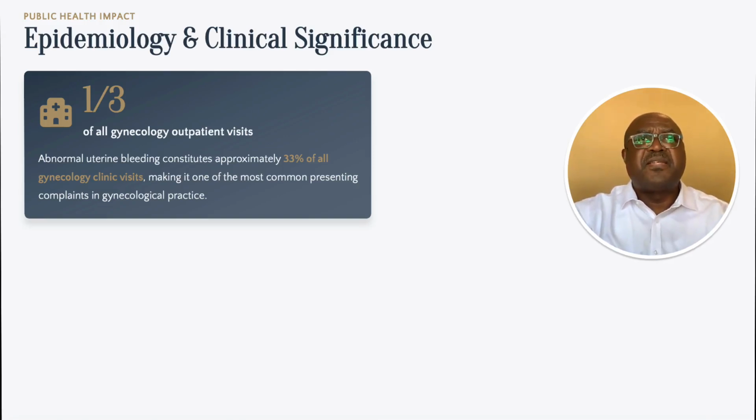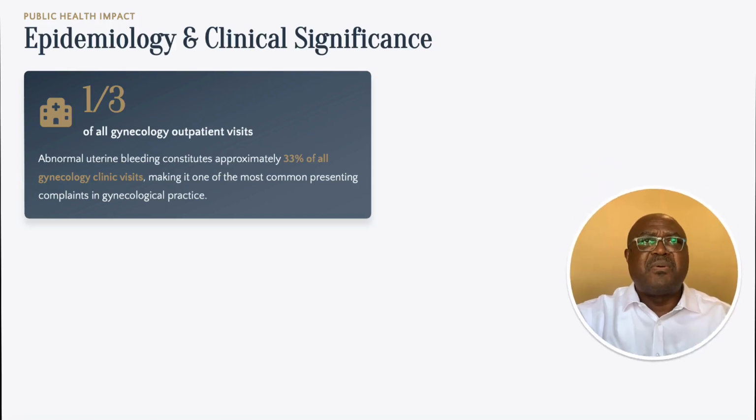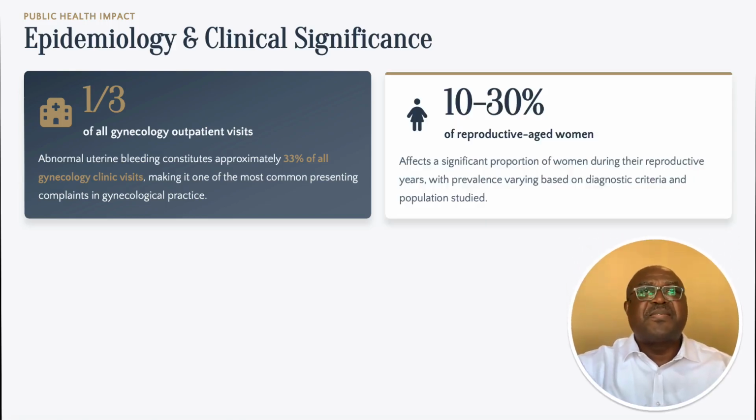The prevalence is equally remarkable. 10 to 30% of reproductive-age women are affected at some point in life, though the exact figures vary based on how we define it and which population we are studying.